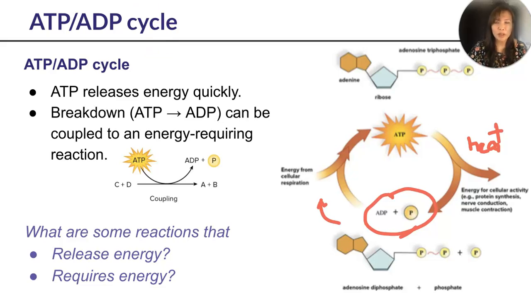Based on what we've talked about so far, can you give an example of both? There's a lot of reactions that can release energy, right? So basically when we do work, we're releasing energy. So this could be the breaking down and rearrangement of different molecules, right? Breaking the ATP down to ADP, that's going to be an example of a reaction that releases energy.